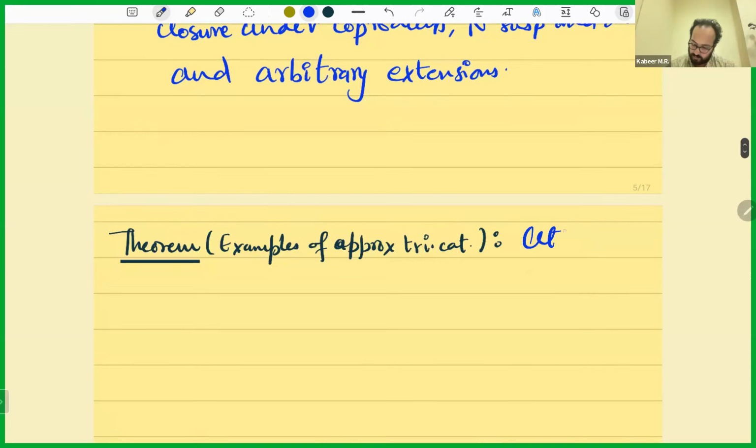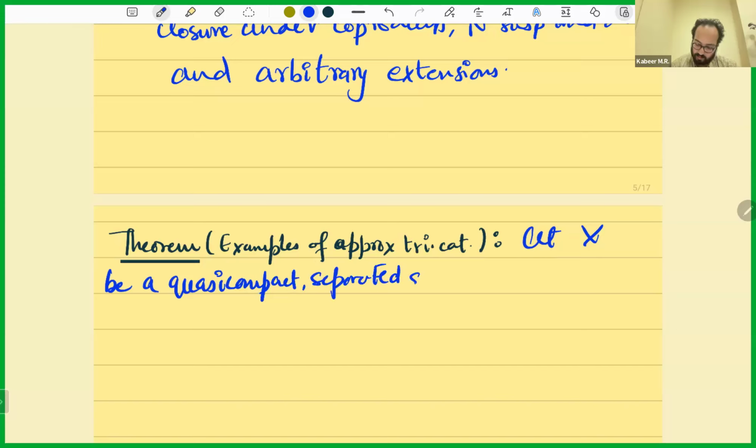So let X be a quasi-compact separated scheme. Then this example is due to Neeman.